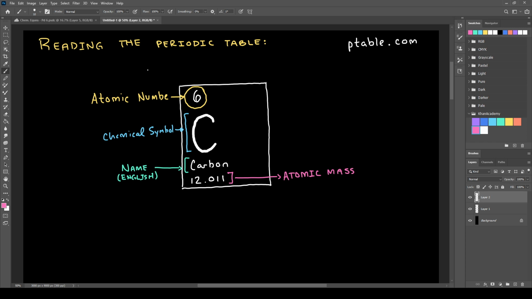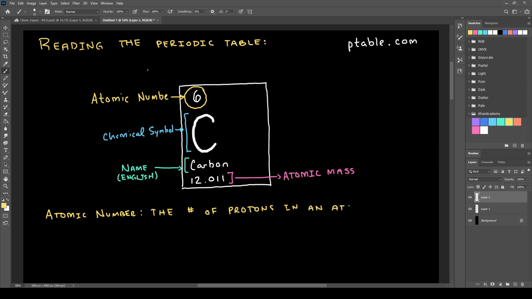So let's define some of these terms. Atomic number, starting from top to bottom. Atomic number is the number of protons in an atom.